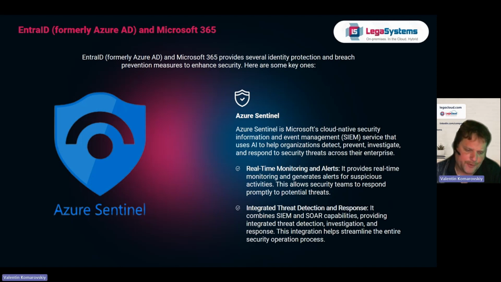So if you have a number of products enabled and configured, let's say you have identity protection with risky logon and risk detection, you have PIM, privileged identity management, you have threat detection.